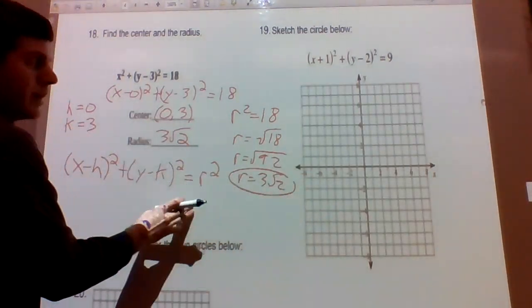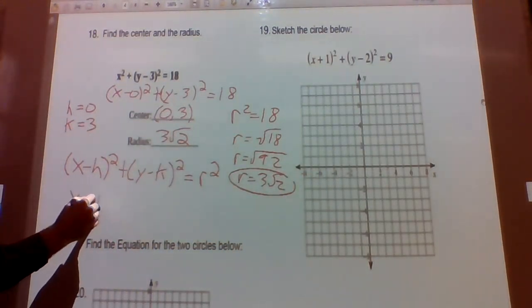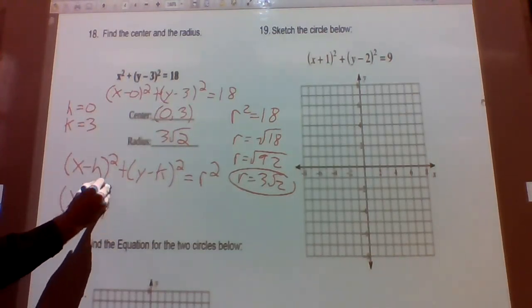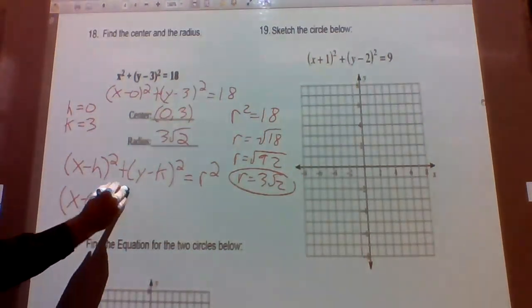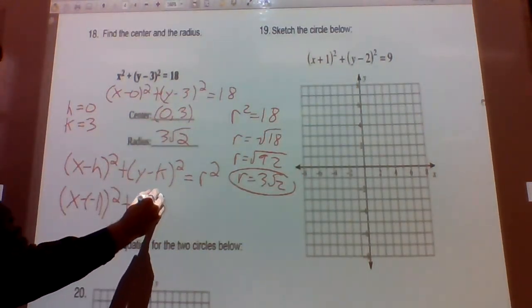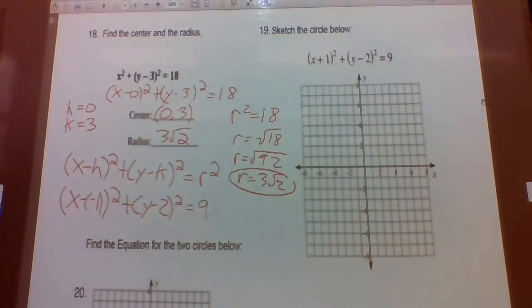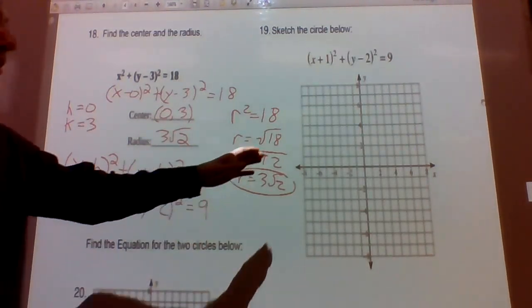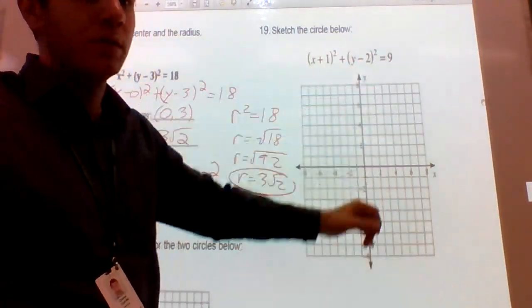For 19, if I write the equation again over here, remember this is going to be an x minus negative 1 squared because 2 negatives make it positive. And then y minus 2 squared equals 9. If we look at our equation here, again, we can just flip the signs and do negative 1, positive 2.